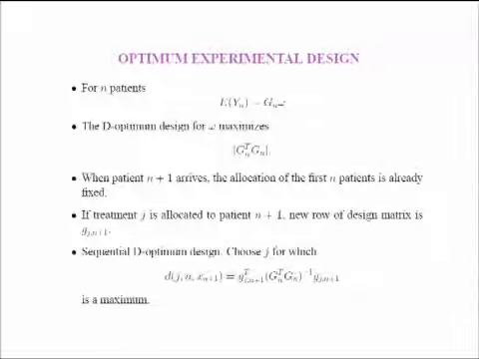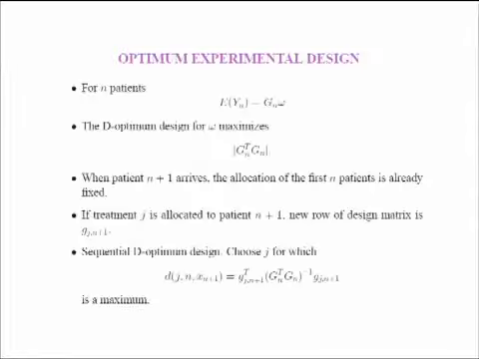I will be using optimum experimental design. I will be doing what Peter chose not to do, let's say, which is D-optimality. Well, I won't actually be doing D-optimality, but let's start talking about that. So when patient n+1 arrives, we've already allocated the first n patients.